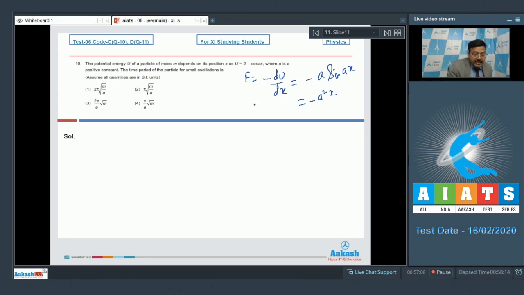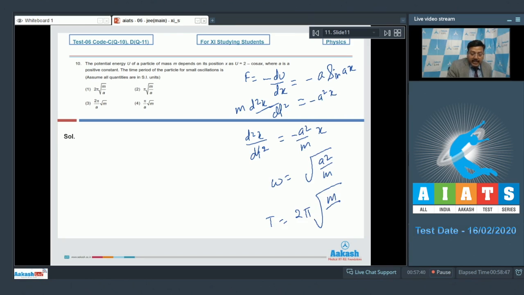And on the left hand side is mass of the particle, m d2x by dt square. So by replacing sine ax by ax, we have the equation for the oscillation as d2x by dt square is minus a square by m into x, and this gives us the value of omega as under root of a square by m, and the time period as 2 pi by omega, or 2 pi under root m by a square.